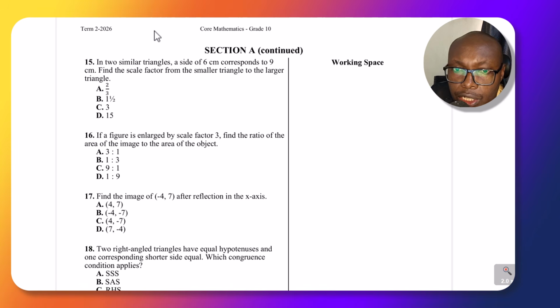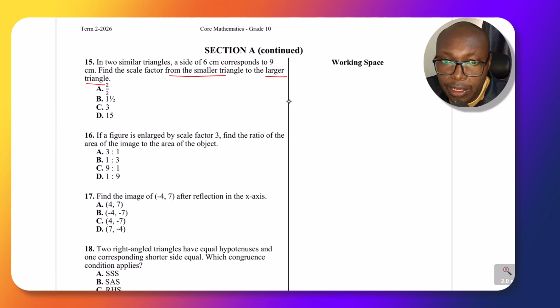Question 15. In two similar triangles, a side of 6 centimeters corresponds to 9 centimeters. Find the scale factor from the smaller triangle to the larger triangle. So the key phrase here that you're supposed to understand is the scale factor from the smaller triangle to the larger triangle. So how are you supposed to give that ratio? This is the most important part.